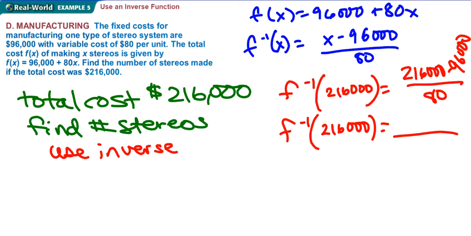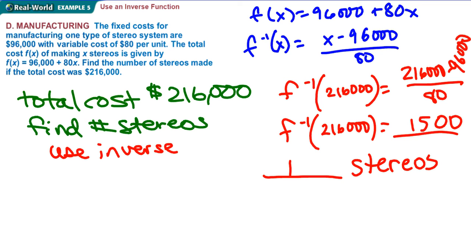How many stereos did we make? 1,500? Yes. 1,500 stereos.